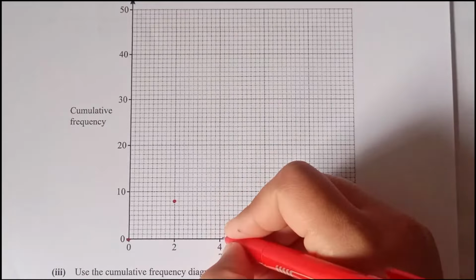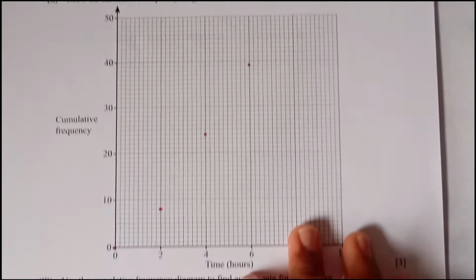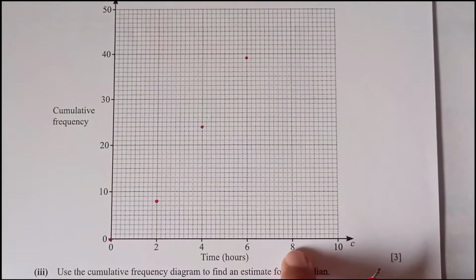When the time is 6, the cumulative frequency is 39. We have 30, and one block below 40 would be 39. For 8 hours, the cumulative frequency is 46.